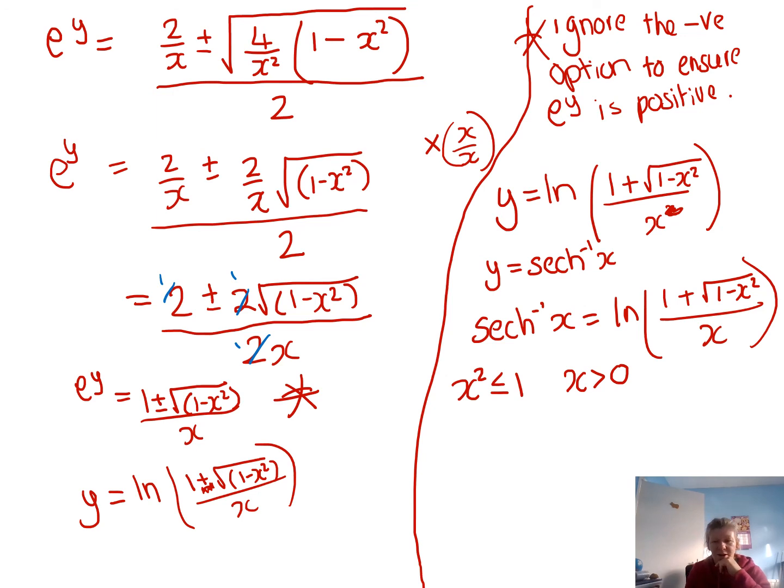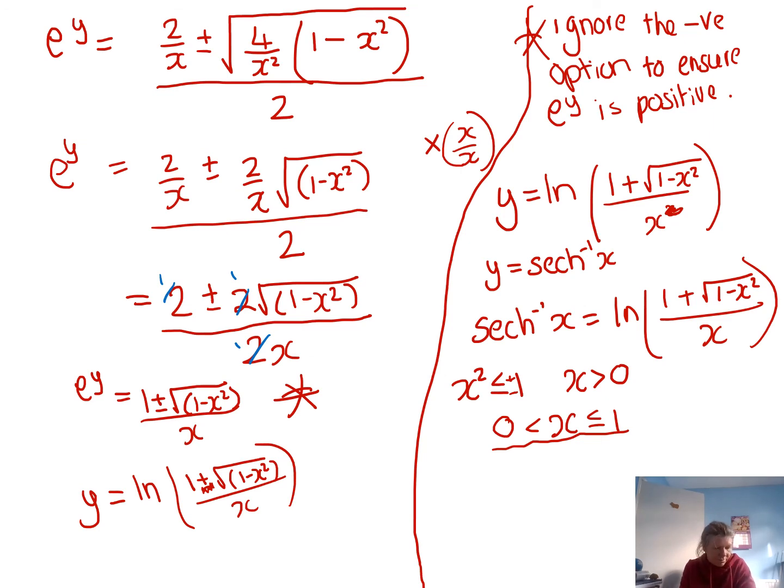So if we've got to satisfy both of those, x can be plus or minus 1, couldn't it? Doesn't really matter. So if we're satisfying both of those, x will end up being less than or equal to 1 and greater than 0. So that is the domain. We wanted the domain, didn't want the range, thank you.